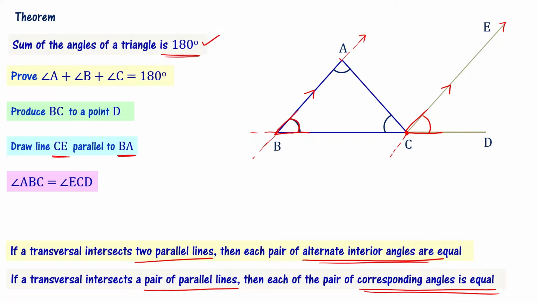And let me extend this line such that you can see this as the transversal. Now, when a transversal intersects two parallel lines, okay, then you are getting two alternate interior angles. These two are equal, right? And these two are equal. So, alternate interior angles are equal.